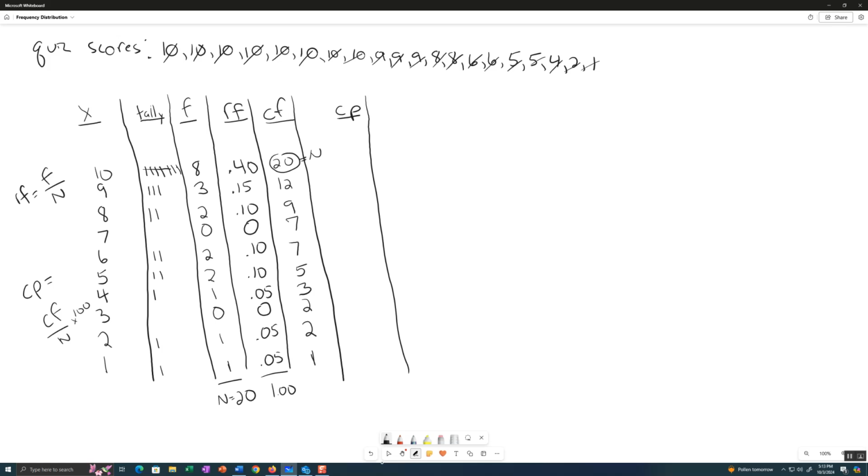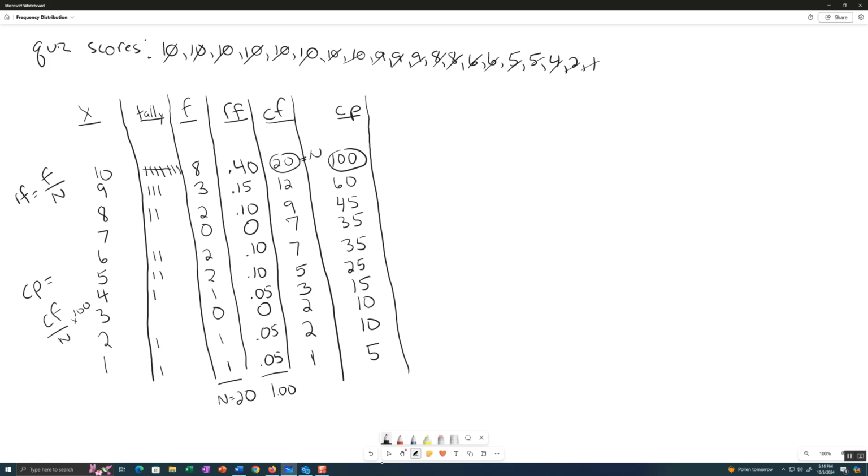So this is 1 out of 20, which is 0.05 times 100 is 5%. 2 is 10%. 2 also stays at 10%. 3 is 15%. 5 is 25%. 7 is 35%. 7 is still 35%. 9 is 45%. 12 is 60%. 20 is 100%. You want the 100 at the top of this column. And there's your CP column.